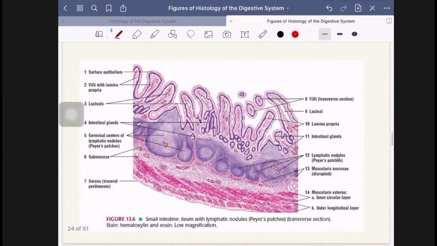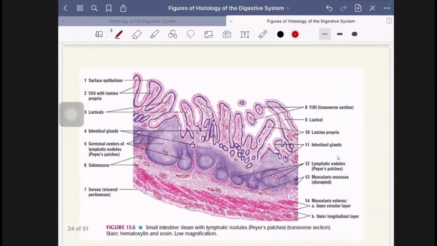And this is the histological structure of the jejunum and ileum. The more we go towards the distal part of the intestine, the number of lymphatic nodules or lymphatic tissue will be much more.